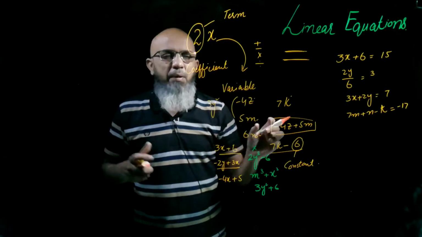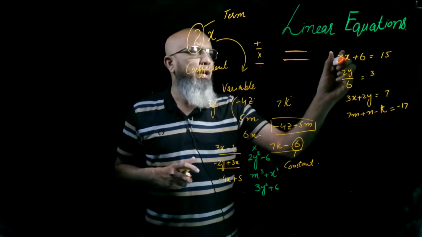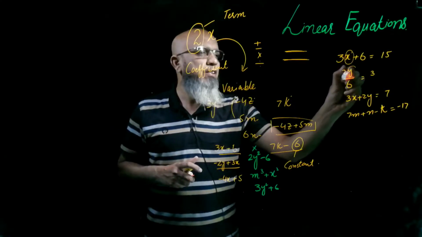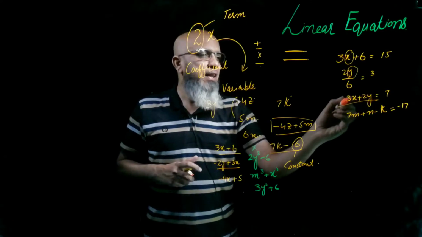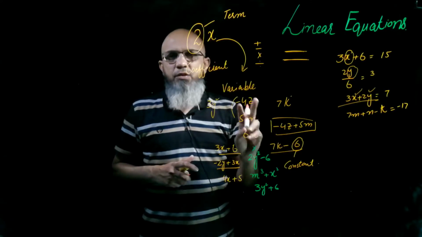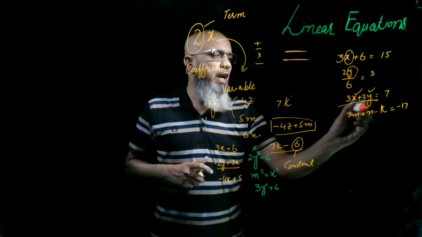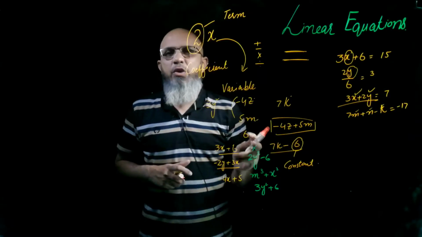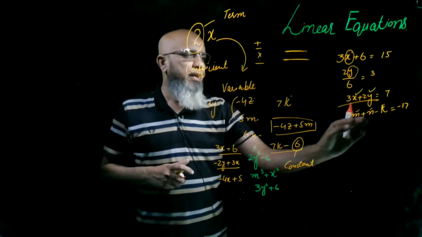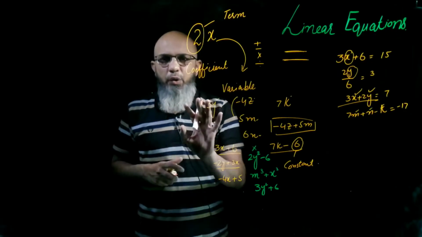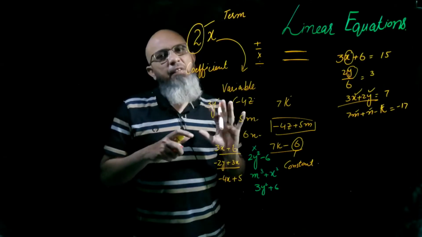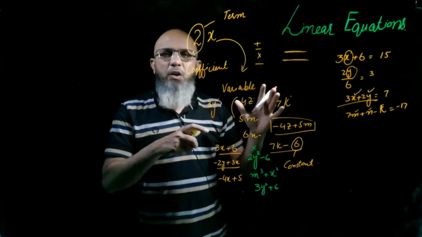Why is it one variable? Because it has only one variable. It has only x, it has only y. In this equation we have two variables, x and y, right? In this equation we have three variables, so that is a linear equation of two variables, and that is a linear equation of three variables. These are the different types of linear equations.